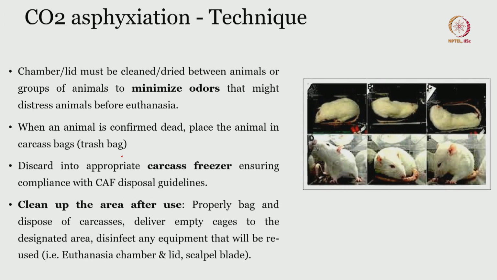You need to ensure that there is a designated area for the disposal using the trash bag that is provided, and then the animal facility disposal guidelines have to be followed, because it is very dangerous if it comes in contact with the research personnel in any form. And then we need to ensure that the area of this euthanasia is cleaned up appropriately.